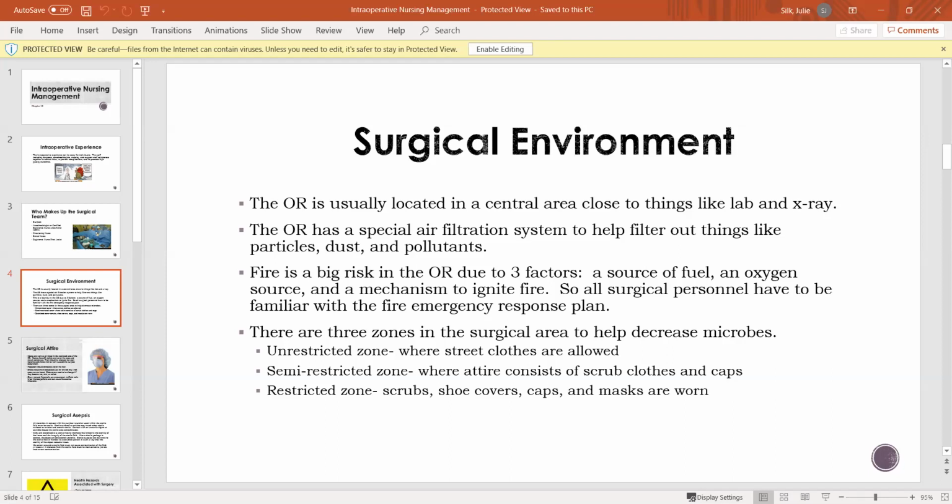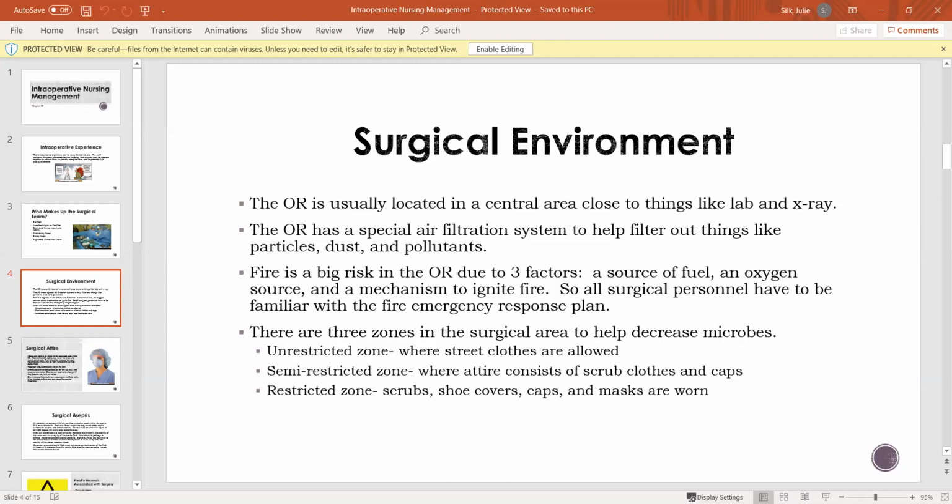Some examples are corridors outside of the operating room, clean cores and substerile rooms designated by the facility, and storage areas for clean and sterile supplies. That type of stuff would be in the semi-restricted zone.